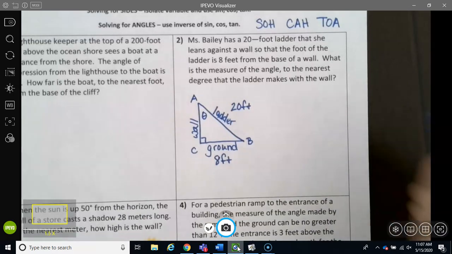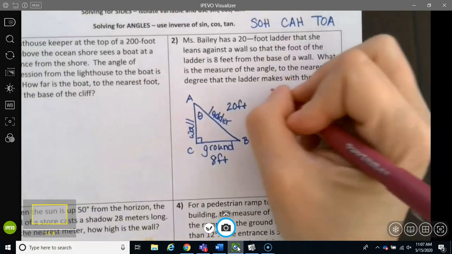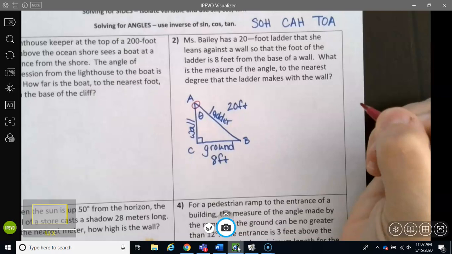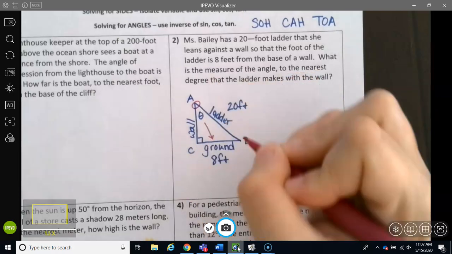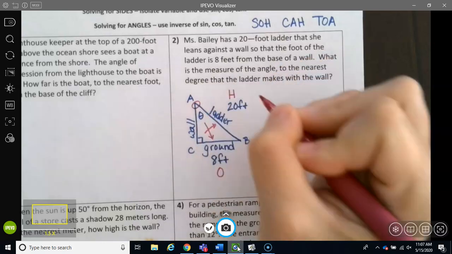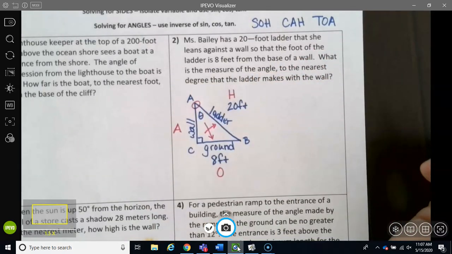Now we've got to set up our trig function to find that missing angle. This is like the problems that we did at the beginning of our notes. The angle we're trying to find is our reference angle. Use that to help you figure out the opposite side. The hypotenuse is always across from the 90-degree angle, and the last side is always your adjacent side.